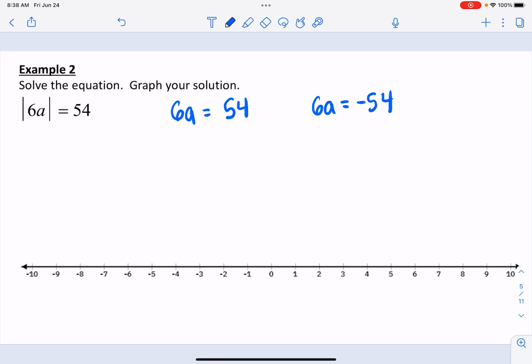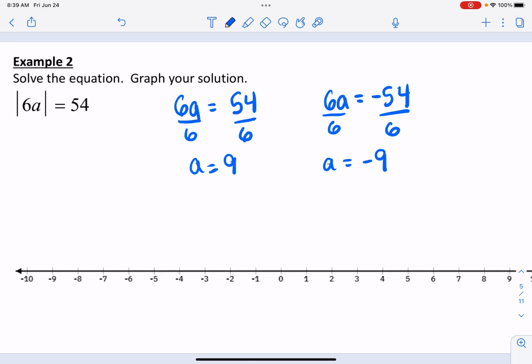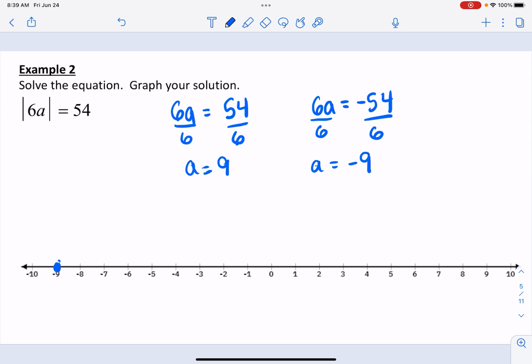You have to set up two equations. I divide by 6. 54 divided by 6 is 9. Again, I divide by 6. -54 divided by 6 is -9. So, graphing my solution, -9 and 9.